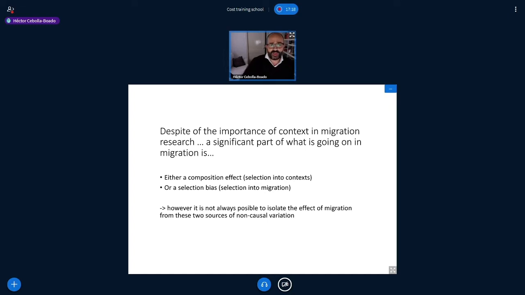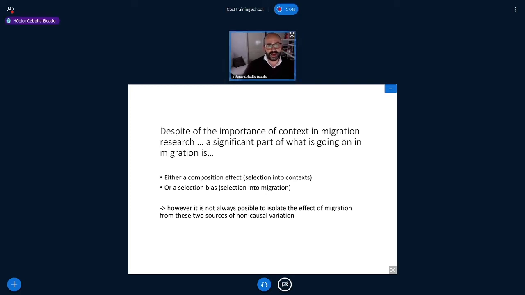Concentration, both as an independent variable, so when you really want to attribute causality to context, trying to study migration or the behavior of migrants, but also when you want to use other kinds of independent variables, you really need to properly control for context, right? That was what I was trying to show in these first examples.